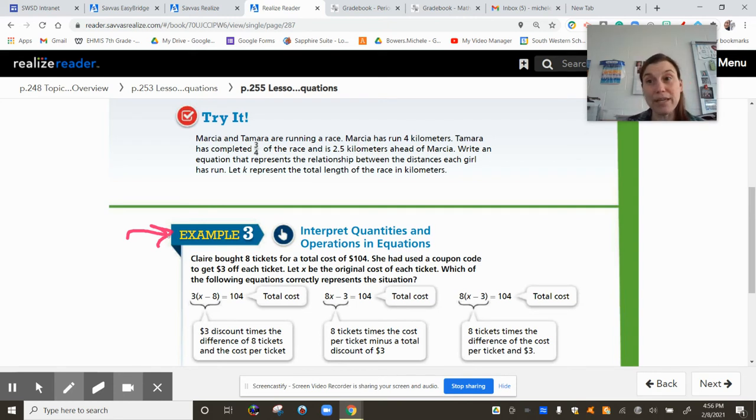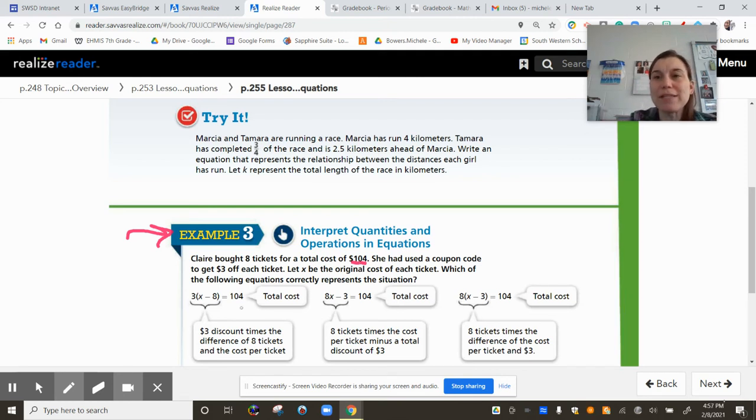Well, we already know then that the tickets must cost more than $10. How do I know that? Because when I use that $10 as my example, I ended up at $56 and she owes $104. That means it must be more than $10 per ticket. Okay, so let's look at these choices.